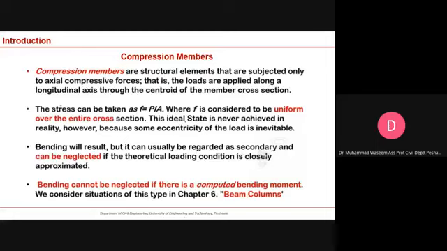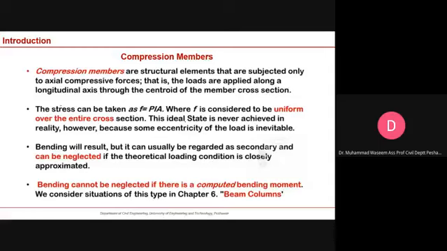Compression members are those steel structural members which are subjected to only axial compressive forces. Similar to the tension members, they are the members which are subjected to axial compressive stresses. And there is no eccentricity between the centroid and the load. The load is concentric.